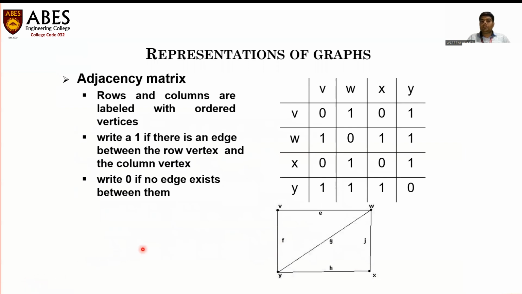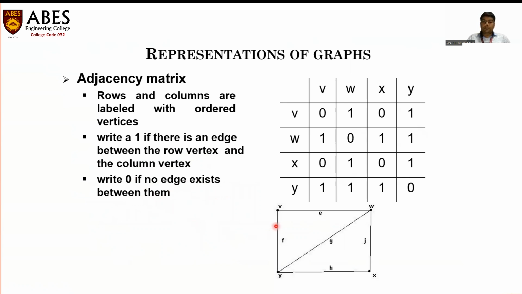Next, we have representation of graphs. We can represent a graph as an adjacency matrix, and we can also denote it with an incidence matrix. For the adjacency matrix, rows and columns are labeled with ordered vertices. We write 1 if an edge exists between the row vertex and the column vertex, and we write 0 in the matrix if no edge exists between them.